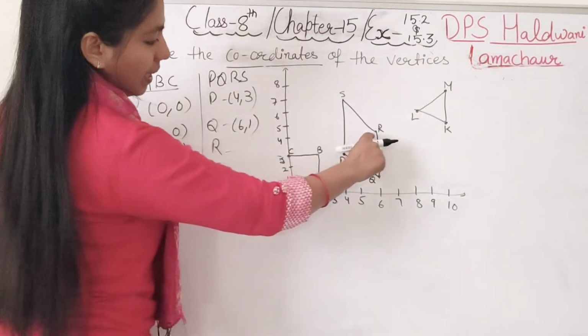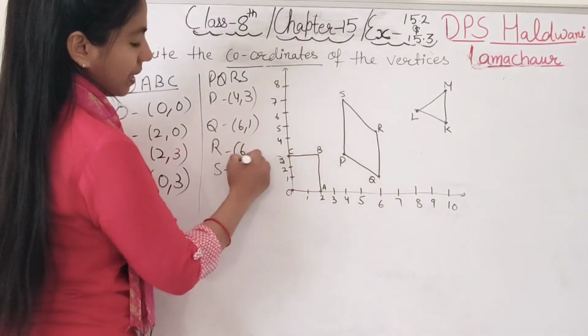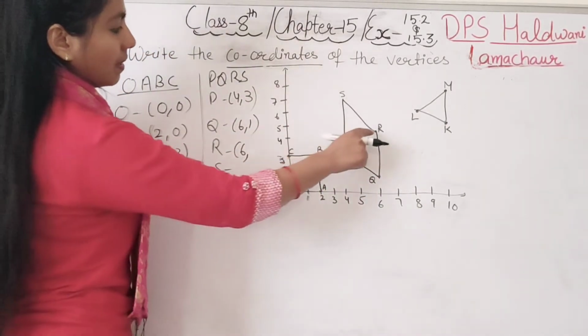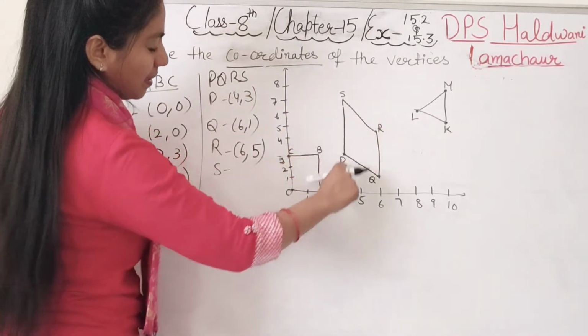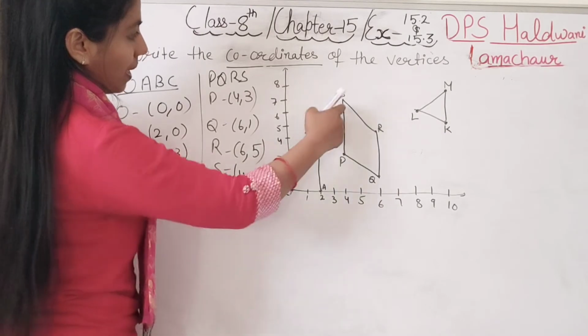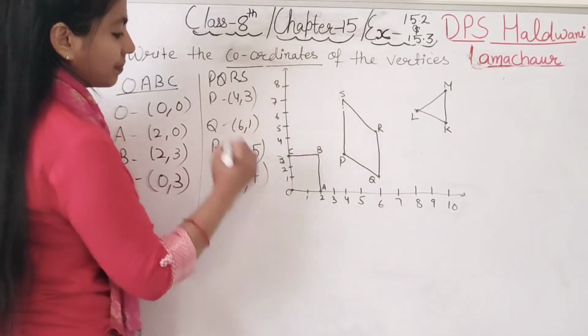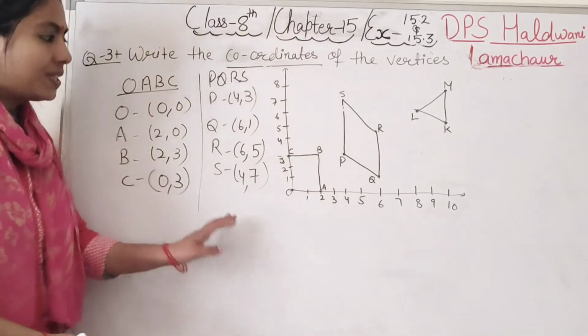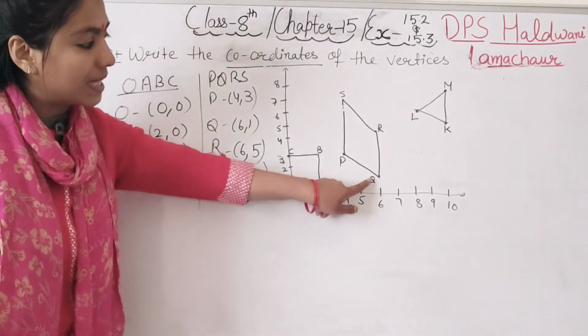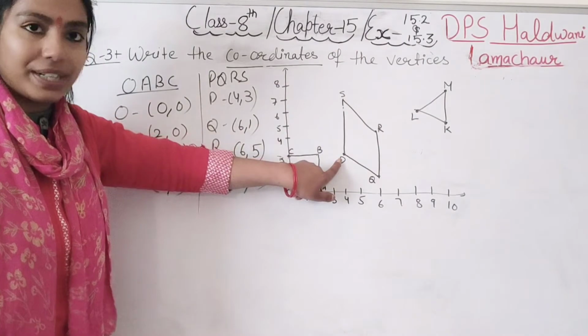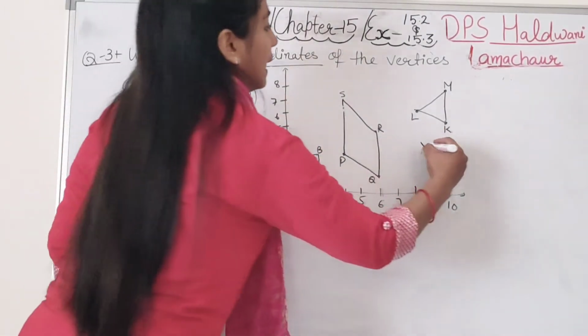For R, x is 6 and y is 5. And for S, x is 4 and y is 7. Right, student? Very simple, no? You just have to see the points and write down the coordinates for the vertices, meaning the vertex points, right?